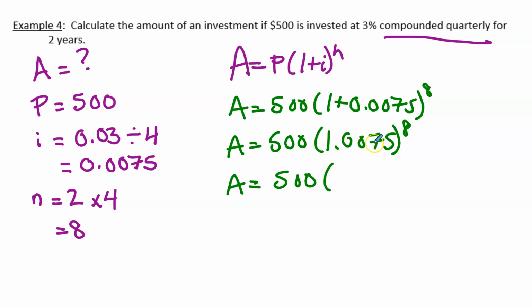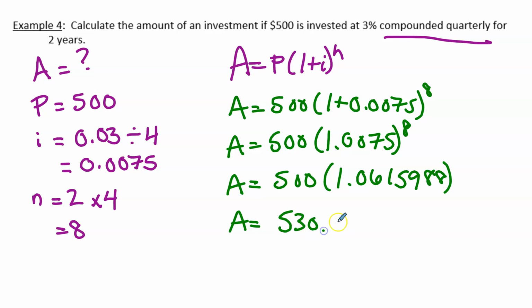Okay, so 1.0075 to the power of 8. Okay. I got a big decimal there. And then we multiply this number by the 500. And that's our answer. 530.80. Okay? So therefore, the investment is worth $530.80 after 2 years.